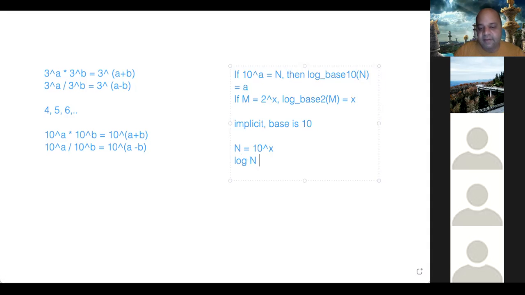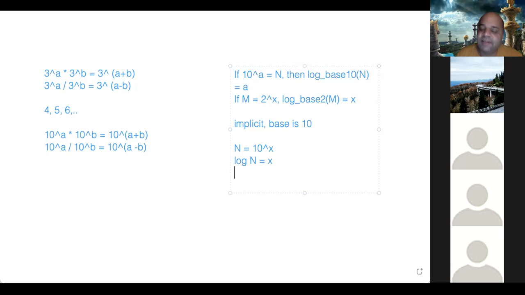This is what it means. It is like the inverse of the power. If 10 raised to x is n, then log of n is x, and log of n is log of n to the base 10. This is by definition how the logarithm is defined.